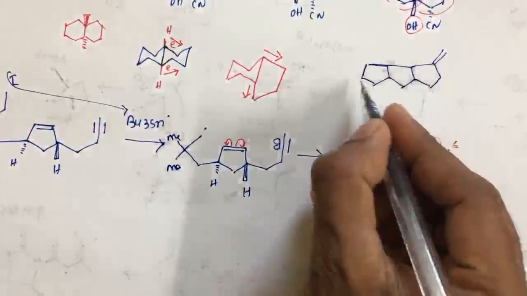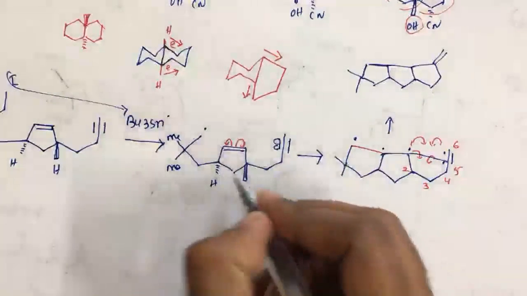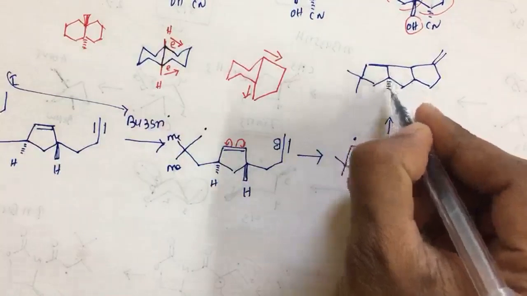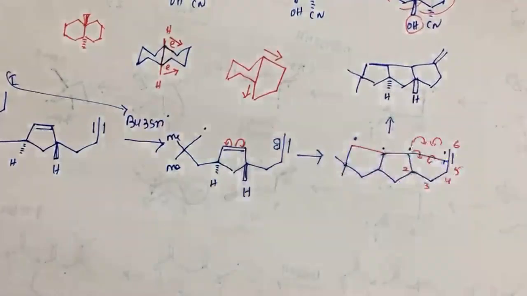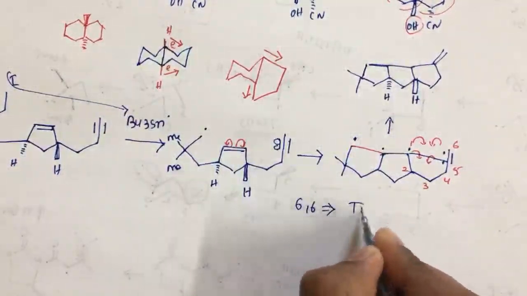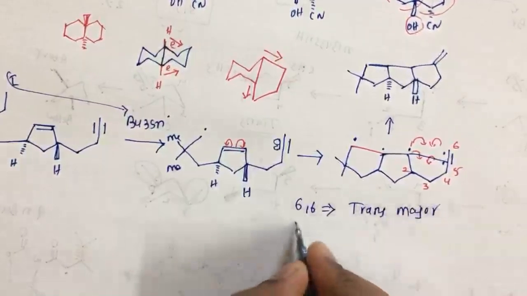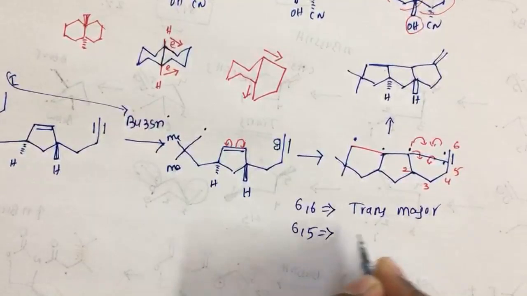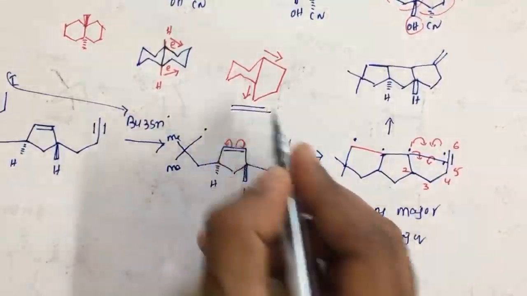So this is the final product, and here we have to see this stereochemistry. Just remember, when we have two 6-member rings, in that case trans stereochemistry is major. When we have a 6 and 5-member, cis is major, because I have explained here.